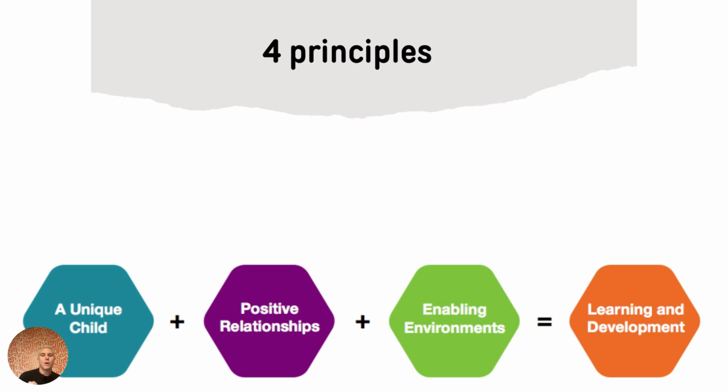Unique child, positive relationships, enabling environments, and those are environments that enable learning, support development, that are well set out, well organized, well thought through, environments that support different areas of learning. And these 3 things, unique child, positive relationships, and enabling environments, support children's learning and development. And that is the 4th principle.